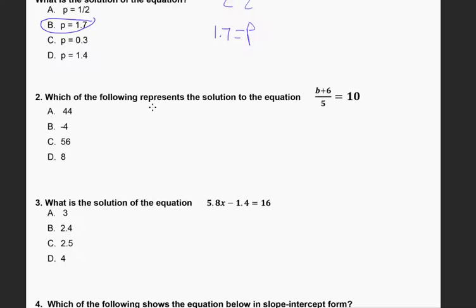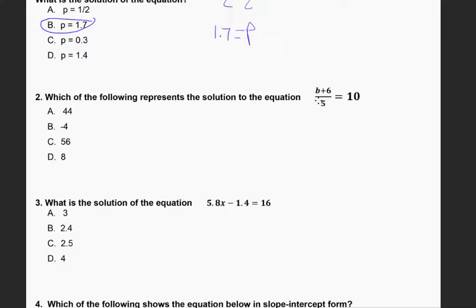Number 2, which of the following represents the solution to the equation? The solution is what b is equal to. So I see that (b plus 6) divided by 5 is equal to 10. See, b is being added by 6 and then divided by 5.